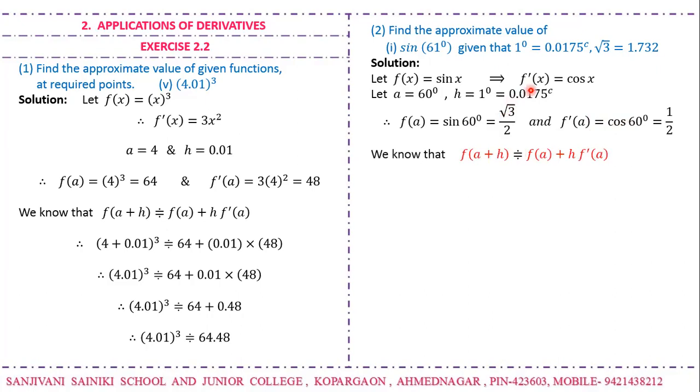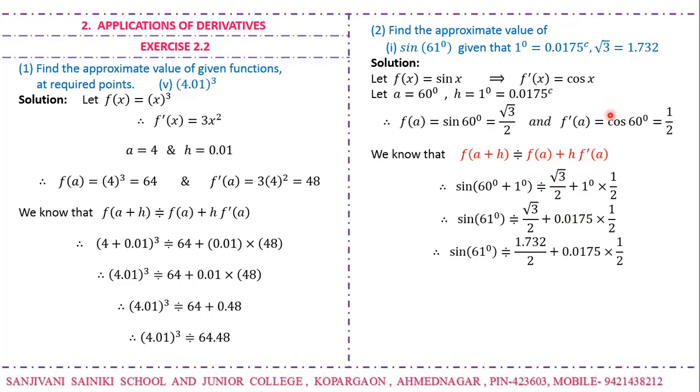Now this is the formula for approximation. F of a plus h is approximately equal to f of a plus h f dash at a. So sine 60 degree plus 1 degree, a plus h, is approximately equal to root 3 by 2 plus 1 degree into 1 upon 2. But 1 degree is nothing but 0.0175, and the value of root 3 is also given, 1.732. So we will put those values also.